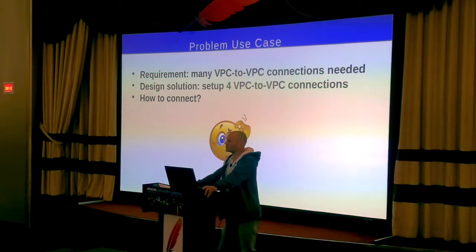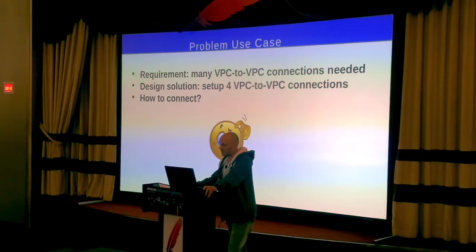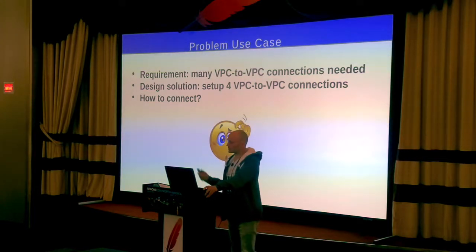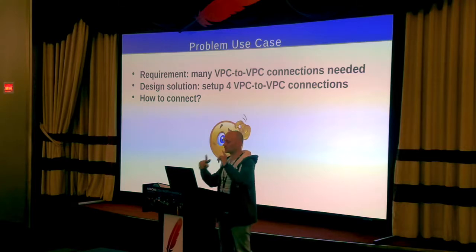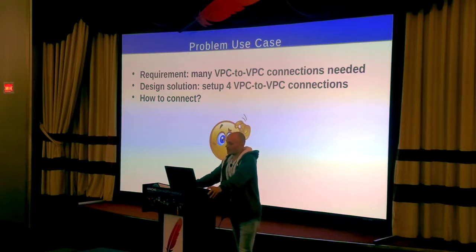And those requirements could not be met by a single VPC because of the high number of tiers. So what we decided to do is to use 4 VPCs to peer and talk to each other, each one to each other.